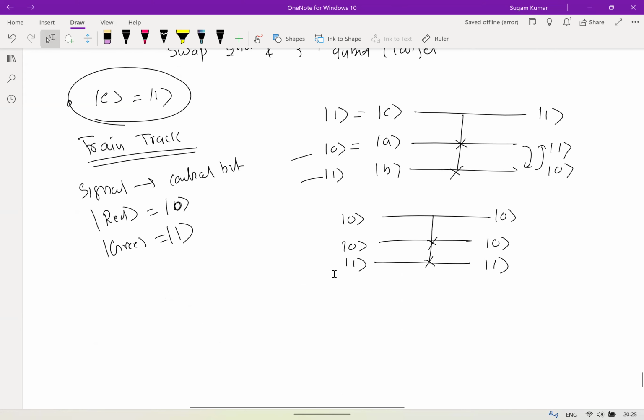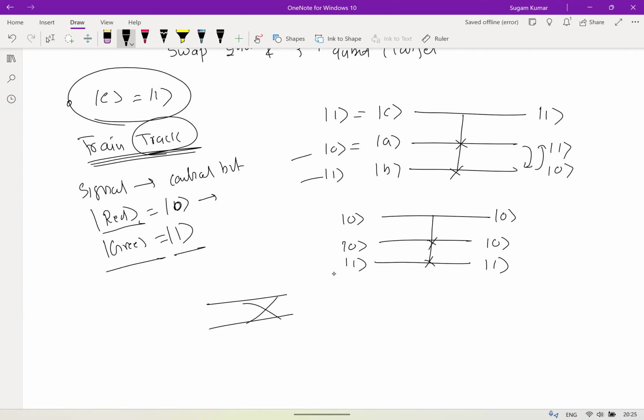I'm just giving an example. If the signal is red, then these 2 tracks will not change. I want to change the track of the train, so this track is not going to change if the signal is red. But if the signal is green, meaning 1, then the track will change. I hope you got the idea of what I mean by the C swap.